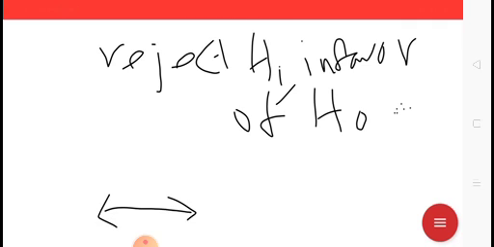So compare to the value, the probability that you find, you see whether it is inside the critical region or not. If the probability is inside the critical region, then you reject H0. If out of the critical region, it means you accept H0. Okay, as simple as that. But for this kind of question, you always need to find the probability.